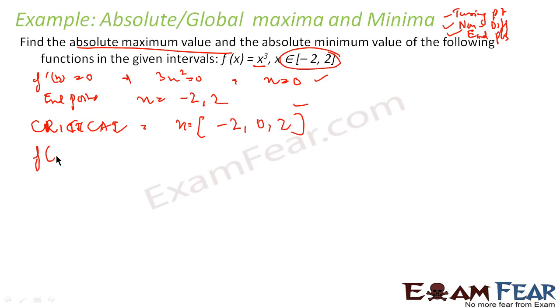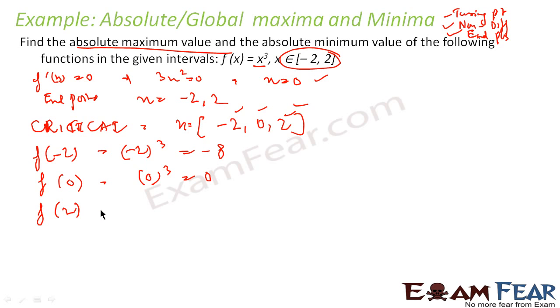So f of minus 2 is nothing but minus 2 cube, that is minus 8. Then f of 0 is 0 cube, that is 0. Third is f of 2, which is 2 cube, that is 8.